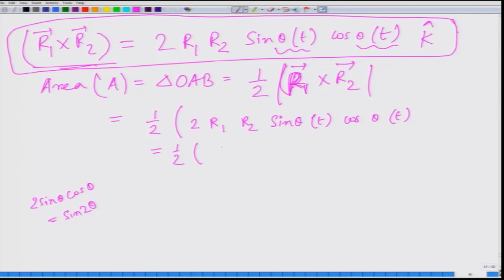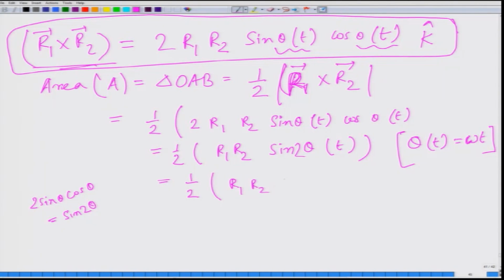So I write it as r1 r2 sine of 2 theta(t), and you know that we have shown before that theta(t) is omega t. Using that, I write this as half r1 r2 sine of 2 omega t.